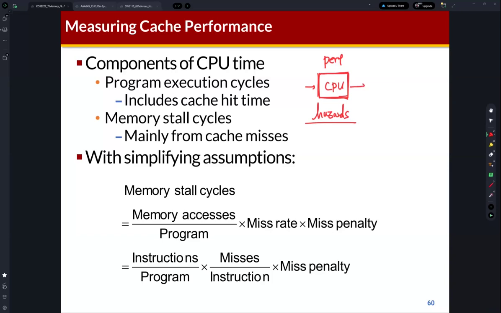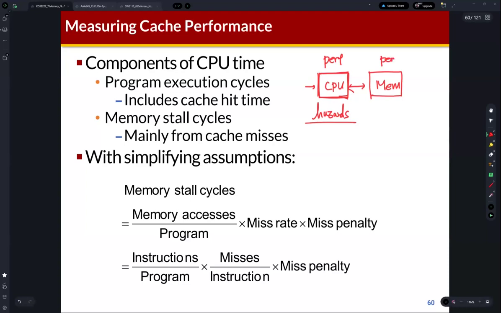But now we are learning about the memory system, which means that the data is transferred from the memory to the CPU. So we also need to consider the performance of the memory system. Then how can we calculate the performance impacts from the memory system?